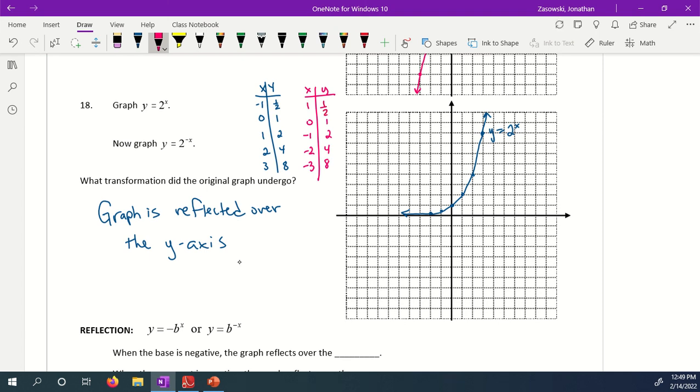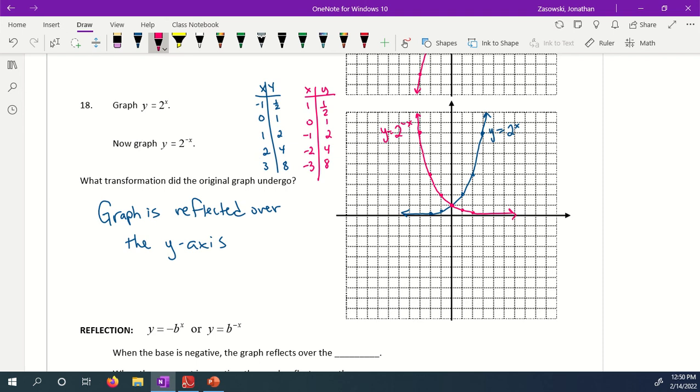So if we're at -3, 8, you can see that it's just a reflection right across that y-axis here. Okay, -2, 4, -1, 2, 0, 1. We're at a half, at a quarter, and now we got our graph coming down. And this one is y equals 2 to the -x.